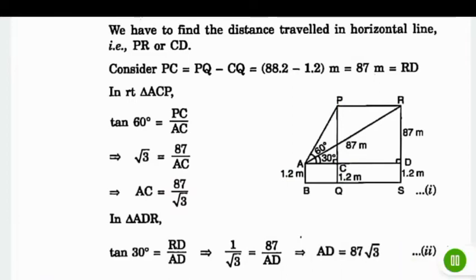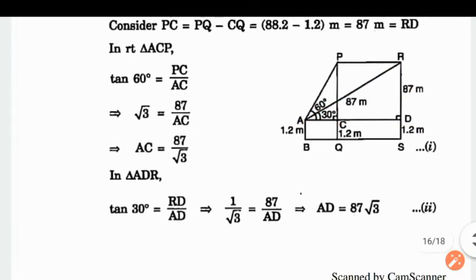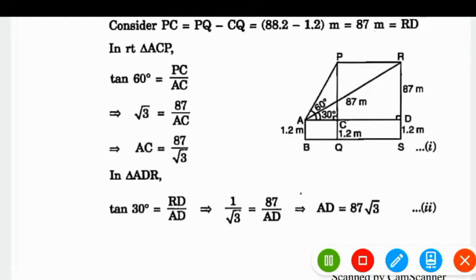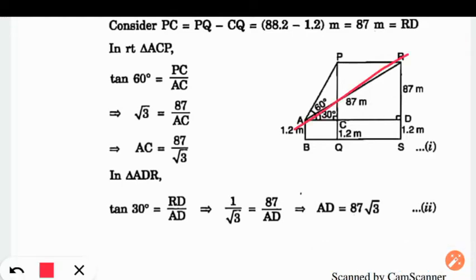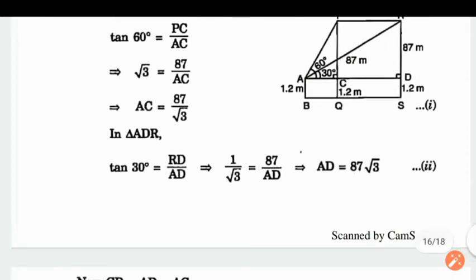For that, use this triangle ADR. So, in triangle ADR, this angle is 30 degree. Again we will use tan 30 degree is equal to this divided by this, 87 divided by AD. Tan 30 degree is 1 by root 3.